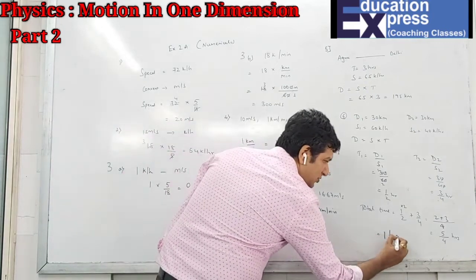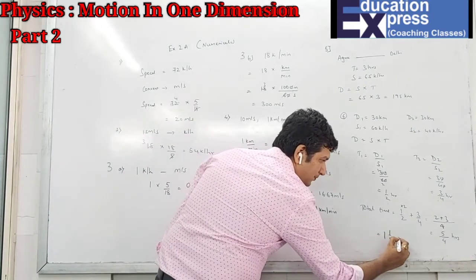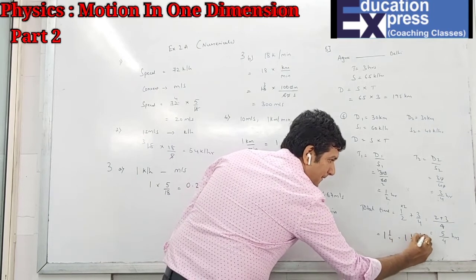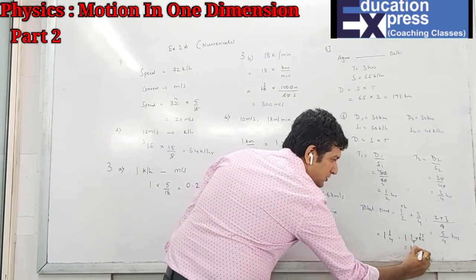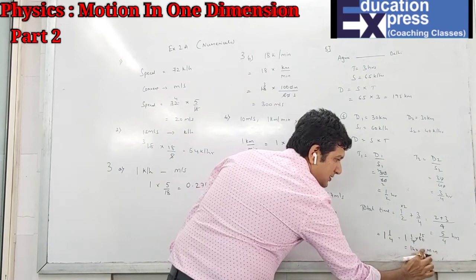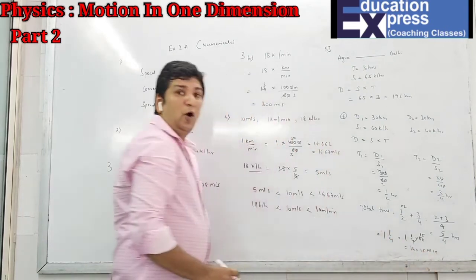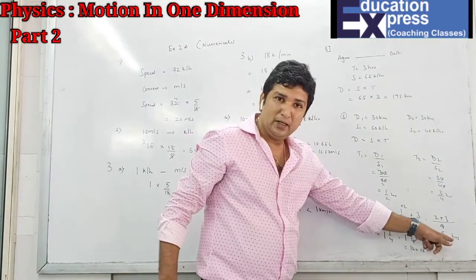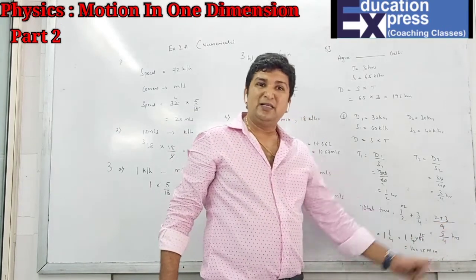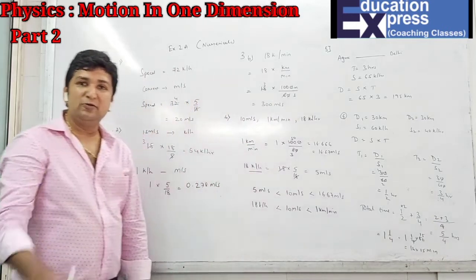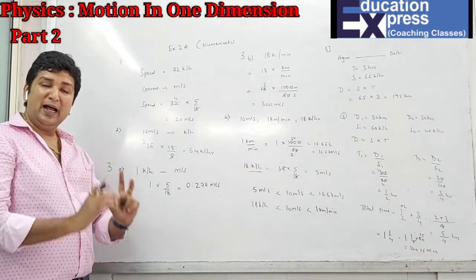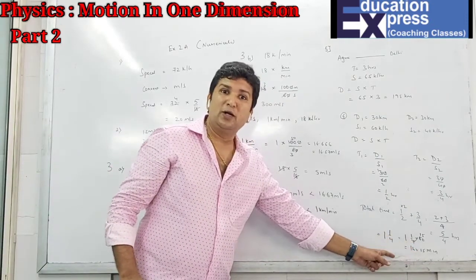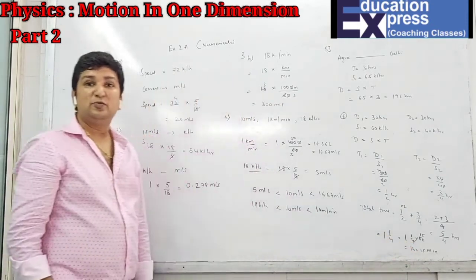So you get the answer as 1 hour 15 minutes. You can present it this way, or convert the entire thing into minutes. That is 5 upon 4 into 60, which is 75 minutes. So you can give the answer either as 75 minutes or as 1 hour 15 minutes. This is the total time. Now we'll start finding average speed.